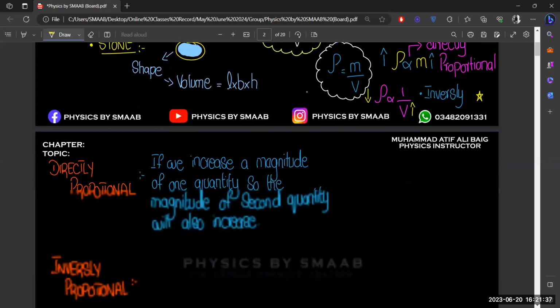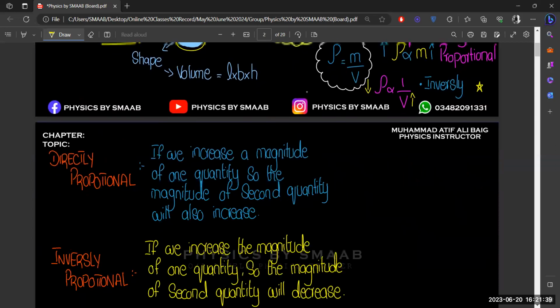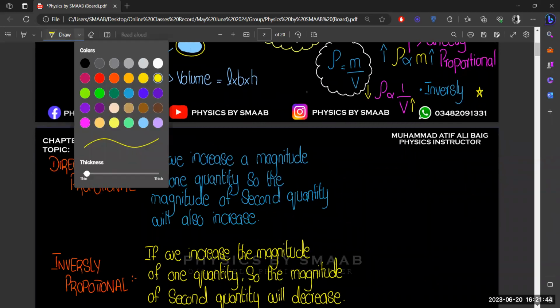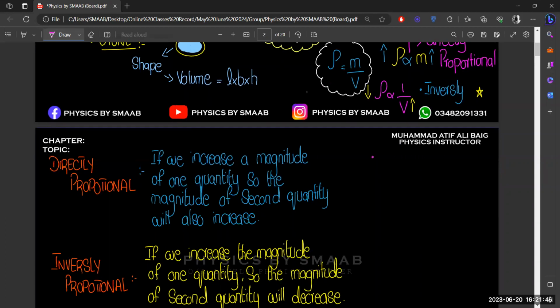So let's write it down so that it will be easy for you to memorize. The very first thing is density is directly proportional to the mass.